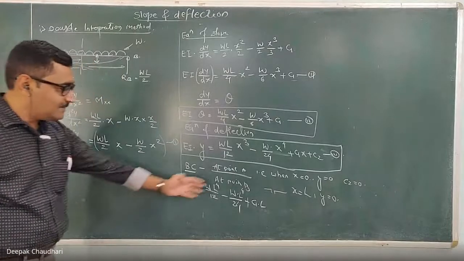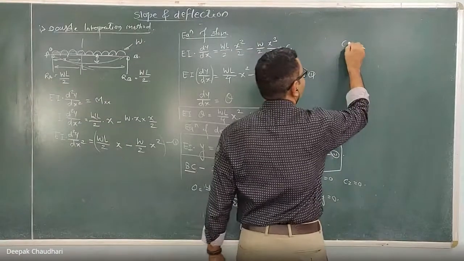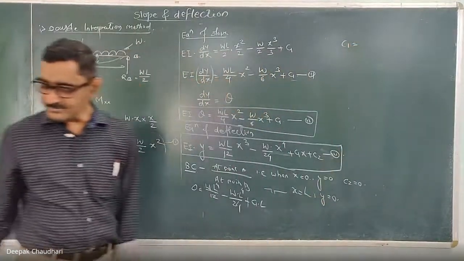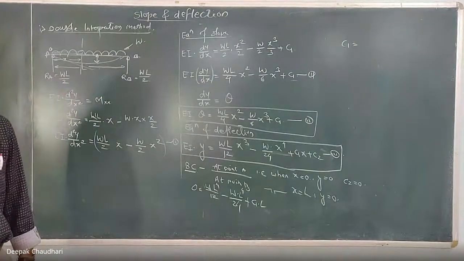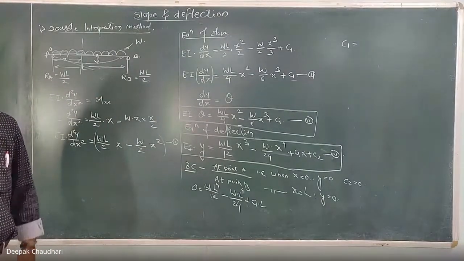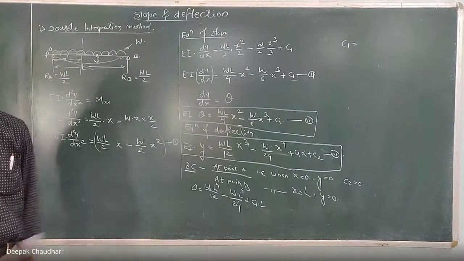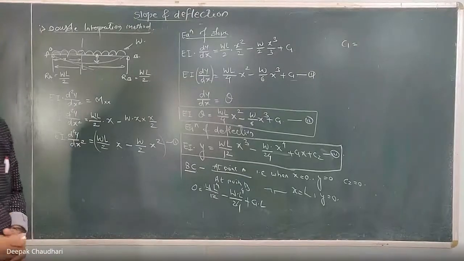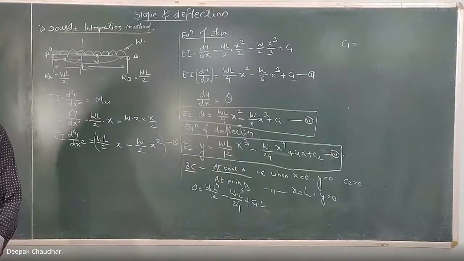If I simplify this, C1 will be minus WL cubed upon 24.